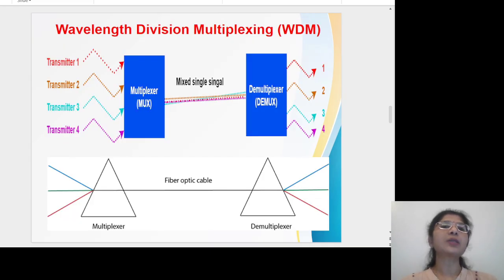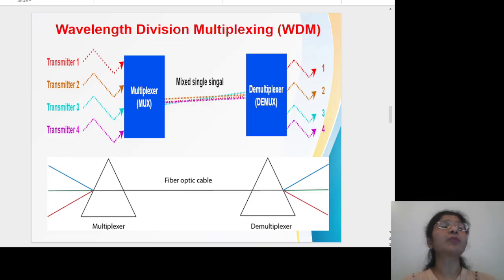Now, the second one is wavelength division multiplexing. Again, a multiplexer and demultiplexer are used here, and the signals are transmitted into a multiplexer.